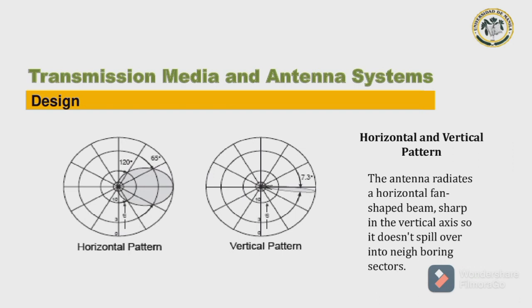As we can see in this picture, the left side is the horizontal pattern and the right side is the vertical pattern. The antenna radiates a horizontal pan-shaped beam, sharp in the vertical axis so it doesn't spill over into the neighboring sector.